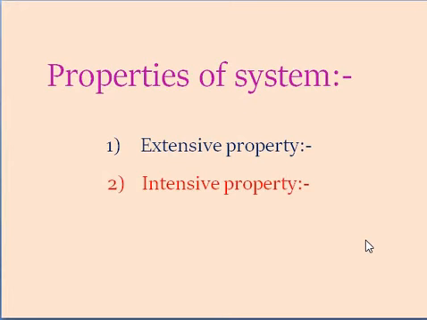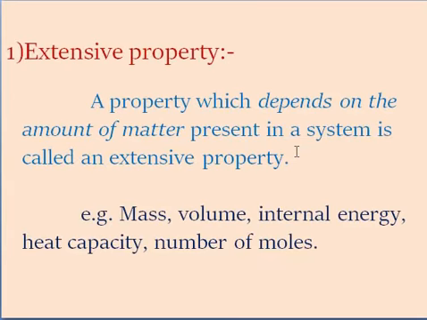The first is the extensive property. An extensive property is defined as the property which depends on the amount of matter present in the system. For example, mass, volume, internal energy, heat capacity, and number of moles.